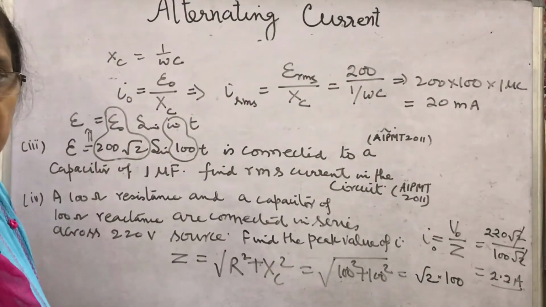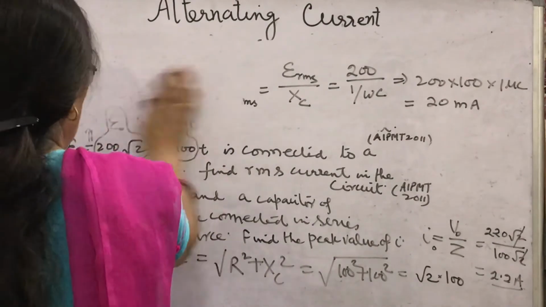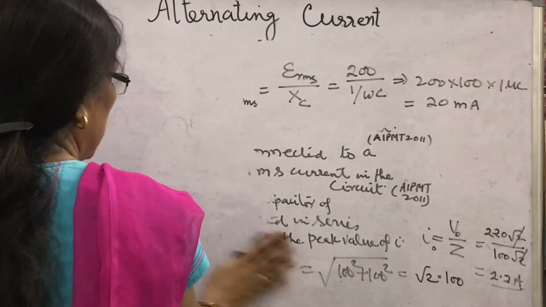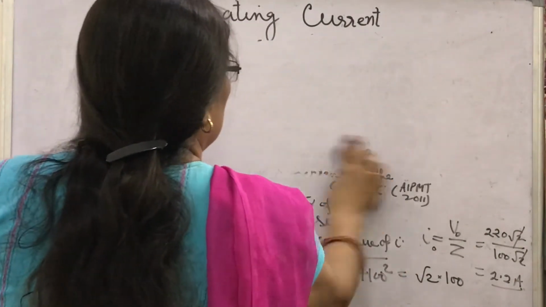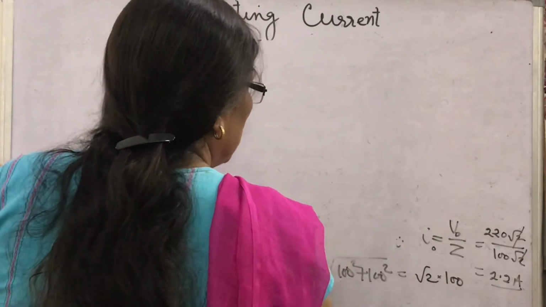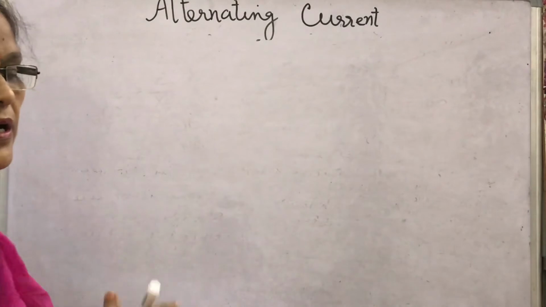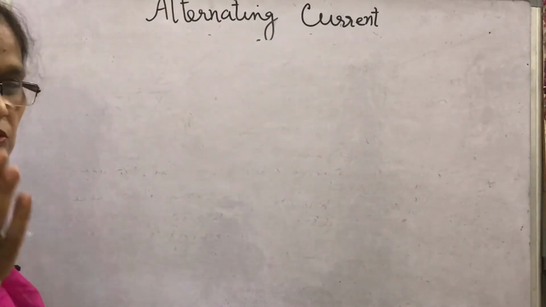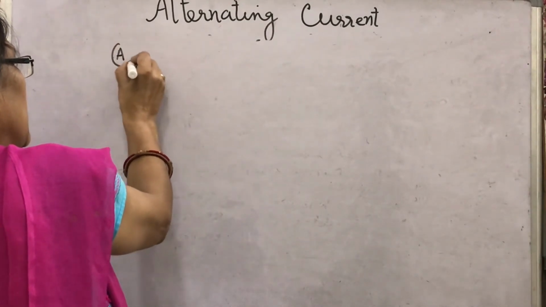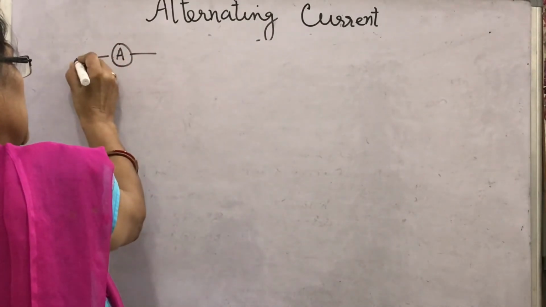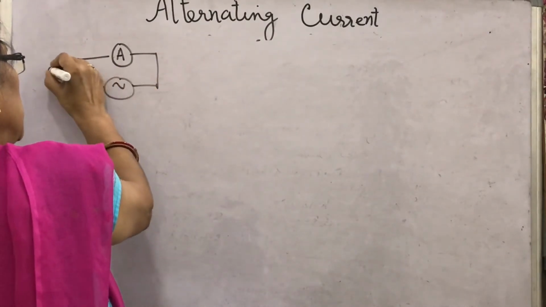Now there is an important question. I am reading the question. There is an AC element which, when connected with the source, lets root 2 ampere current flow through it. This element is A. When it is connected with the AC source, the current through it is root 2 ampere.